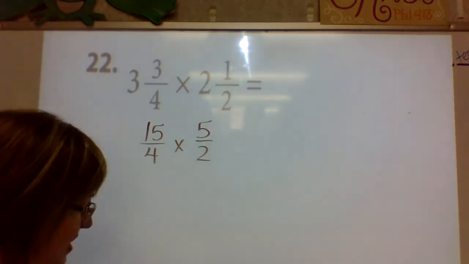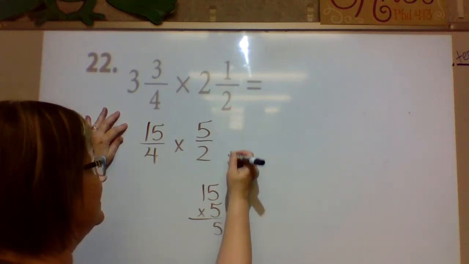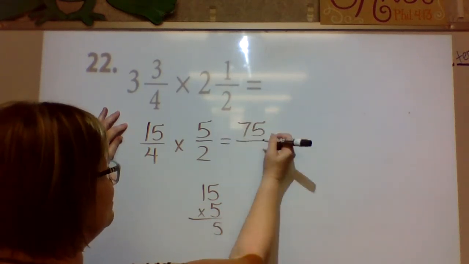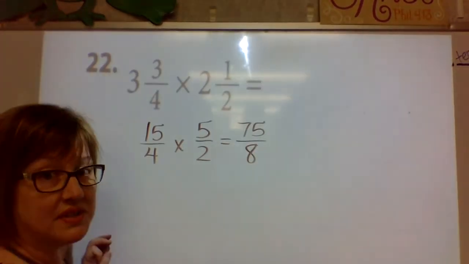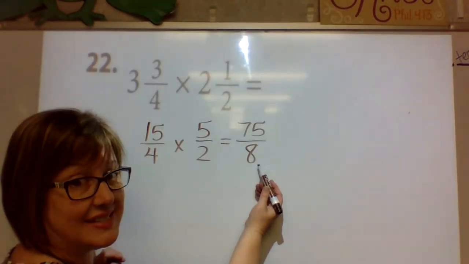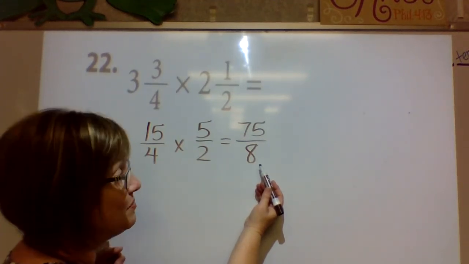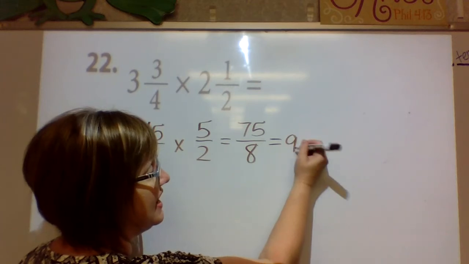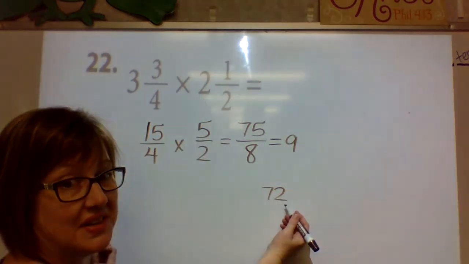Okay, multiply across. 15 times 5 is 75, and 4 times 2 is 8. Do you know your 8 times tables? 8 times 9 is 72. 8 times 10 is 80. That's too much. So we're going to stick with 9. 8 times 9 is 72. What's 75 minus 72? 3.